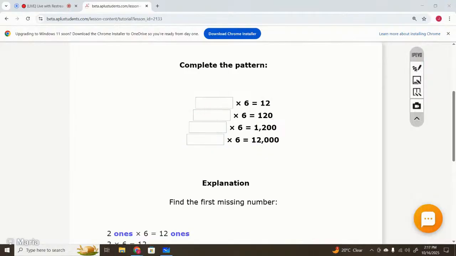Okay, let's just start with the test questions.